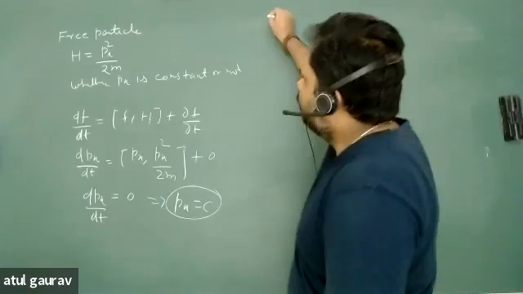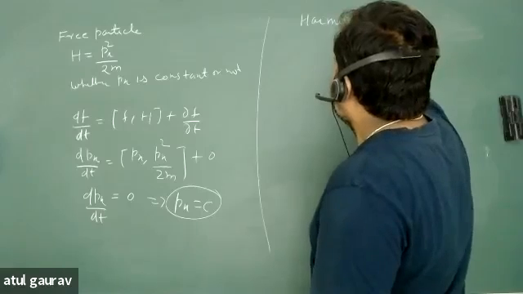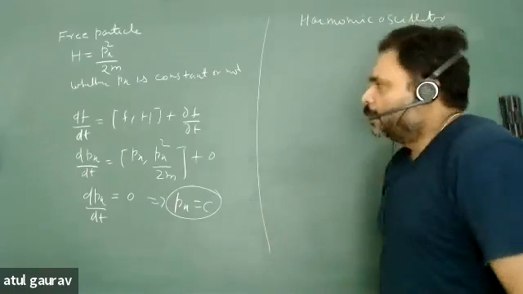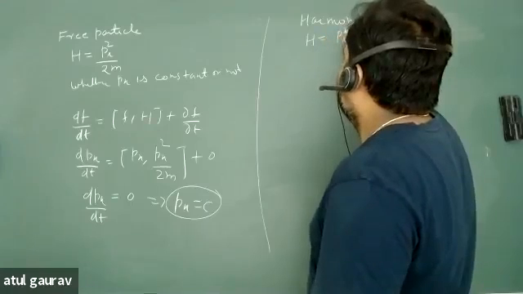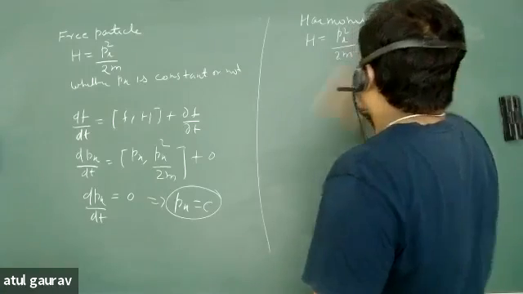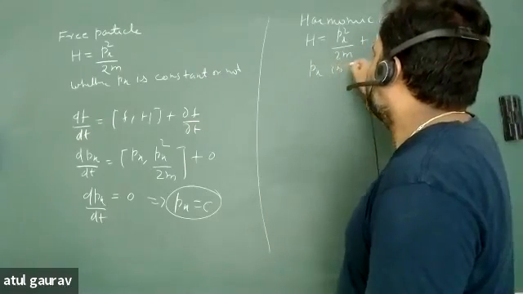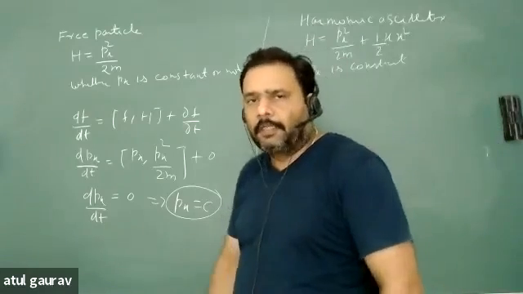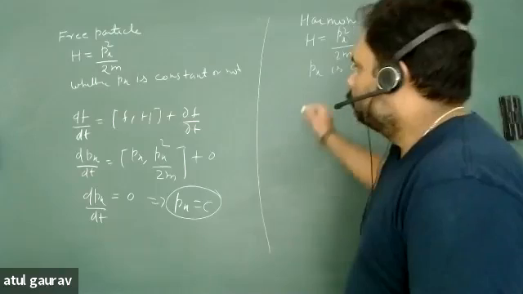Let's go for the same thing for the harmonic oscillator. For the harmonic oscillator, what will be the Hamiltonian? Let's say the Hamiltonian is px square upon 2m plus half kx square. And again, we want to check whether px is constant or not. We know for the harmonic oscillator that linear momentum is not conserved, so we just want to see it.